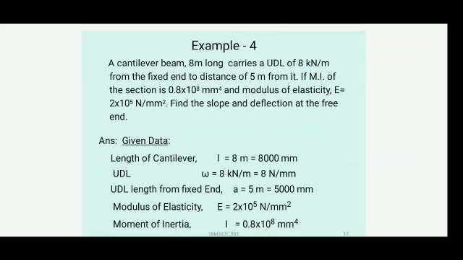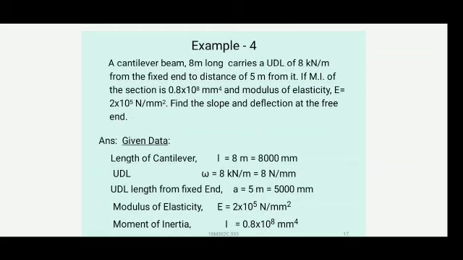According to the problem, we can write down the given data. The length of the cantilever is L equal to 8 meters, 8000 mm. The uniformly distributed load is small w equal to 8 kN per meter, or 8 Newton per mm.